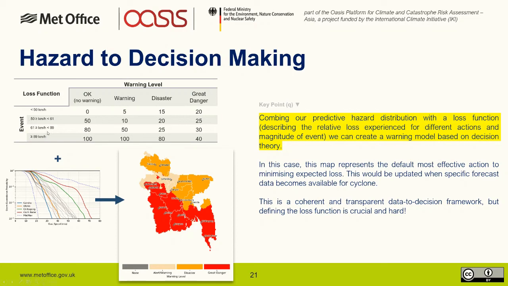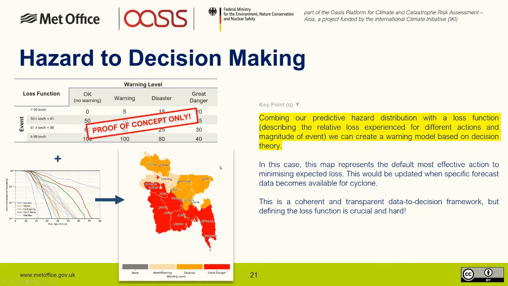Whereas for the same extreme event, if we issued a great danger, the maximum warning, we can see that the relative loss would be much lower compared to if we issued no warning at all. And so we can fill out this table defining the relative loss for each combination of these warnings and events. And we combine this with the storm exceedance probability that we've derived from our numerical model, and we can use this to derive this optimal action.